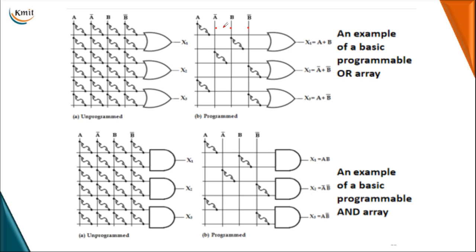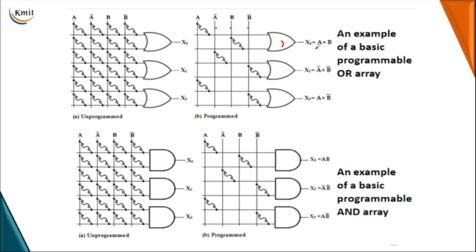So B bar is also blown. In the same manner, in the second input, I only need B. B must be connected on the second input, since I want the operation from the first OR gate to be A or B. So the first input A is connected, the second input line B is connected, and the remaining three input connections are blown. This blowing of fuses is called programming.